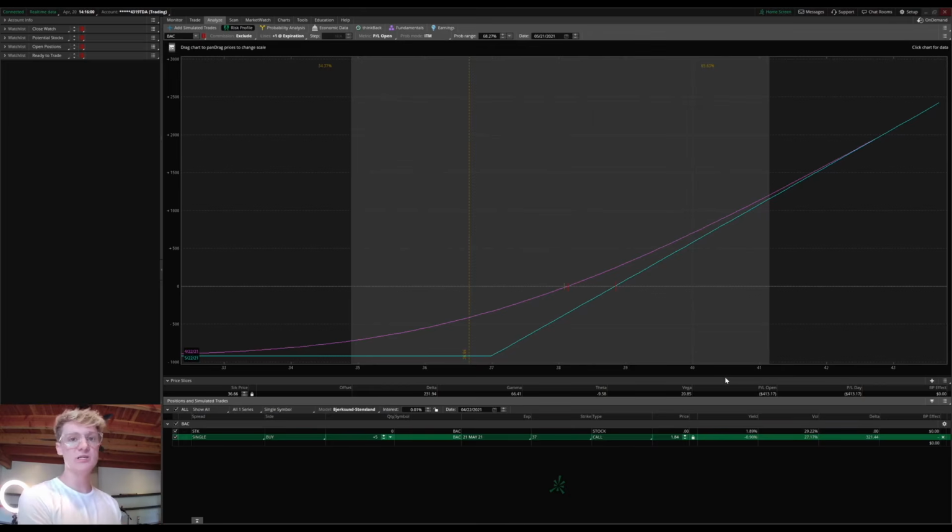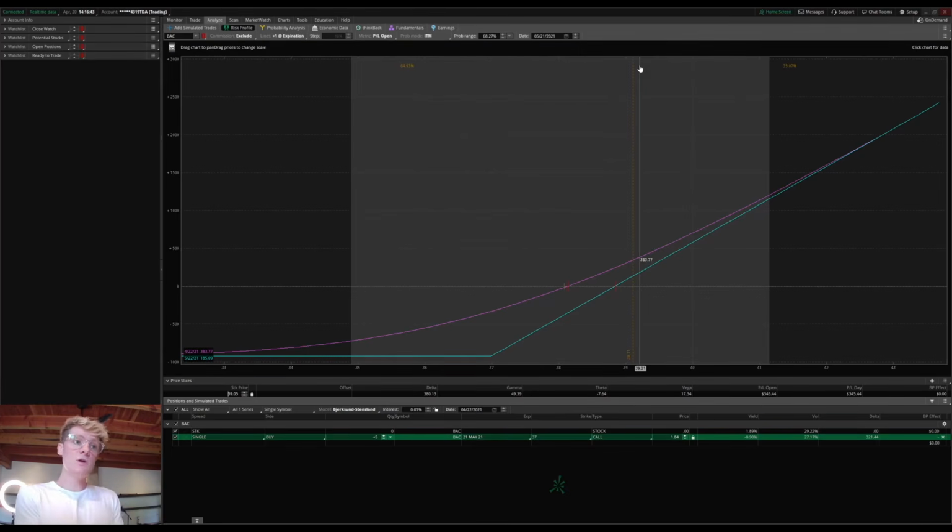If you're putting your stop at 36.66, your downside risk is going to be $413 on these contracts, whereas your upside was going to be that previous, let's just say, $39.05. Your upside is going to be right around there, $345.